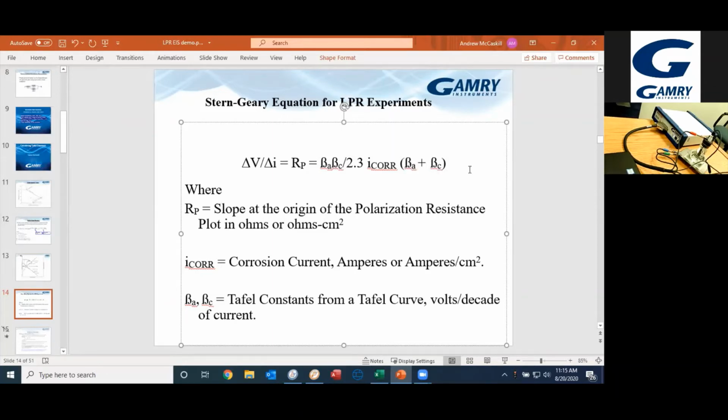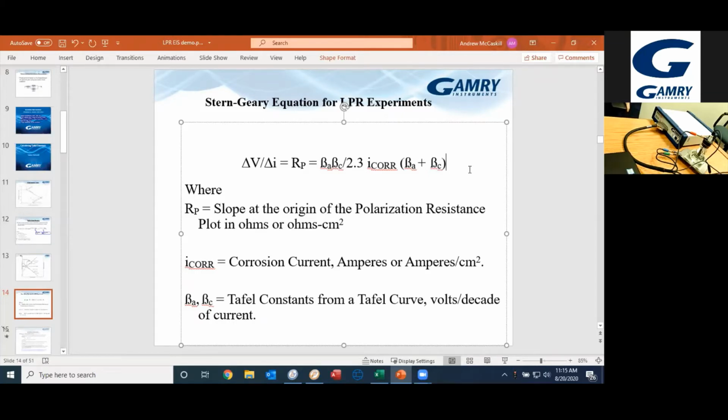It's not crucial that you absolutely know what the Tafel constants are. We have a starting value in our software of about 0.12, which is a good estimate across the board of what they can be. I think the biggest error you'll observe if you don't know the Tafel constants accurately is probably a factor of 2. So, you're not going to be as accurate as if you knew the constants.